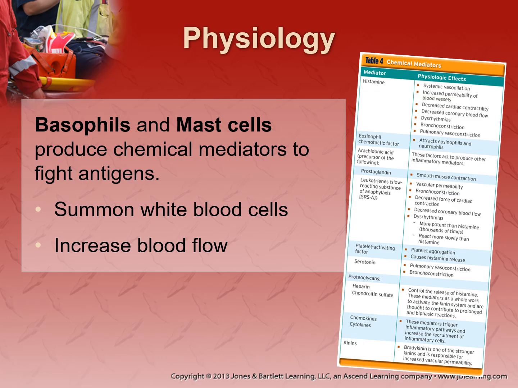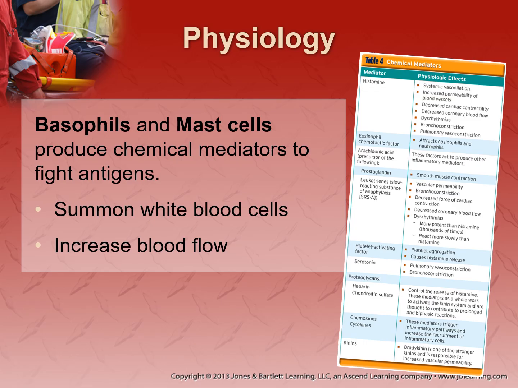But why our body does this is it will summon the white blood cells to that area. A lot of what we're going to see here is vasodilation, maybe lowering our blood pressure as part of that, but we'll see a bunch of vasodilation and increased permeability.